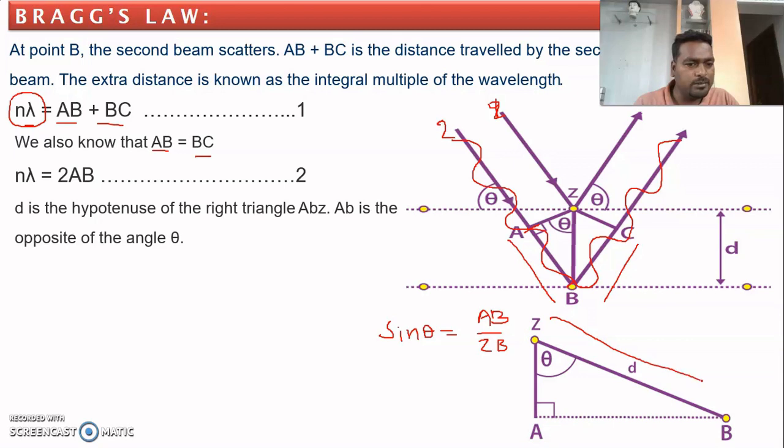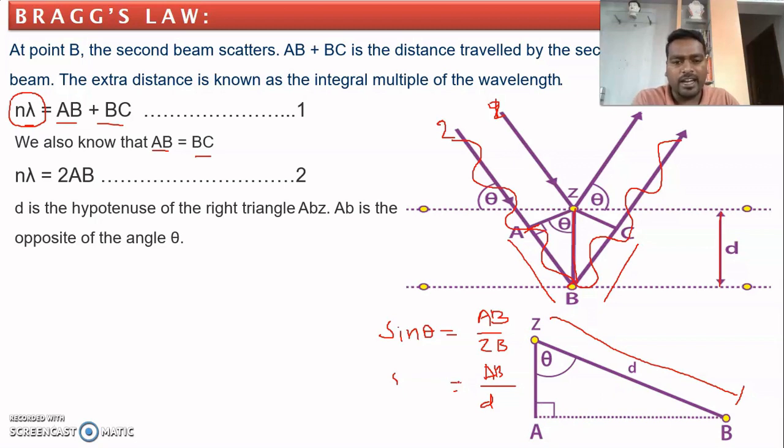But this ZB is nothing but D. Look here, this D, the interplanar distance, is equal to ZB in the triangle. That's why I have taken sine theta is equal to AB divided by D, because D is nothing but ZB.